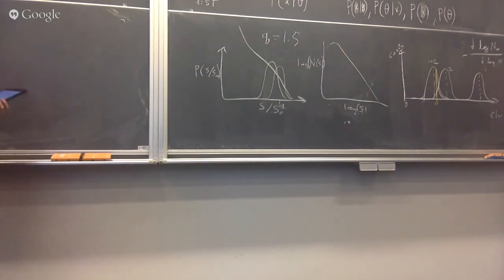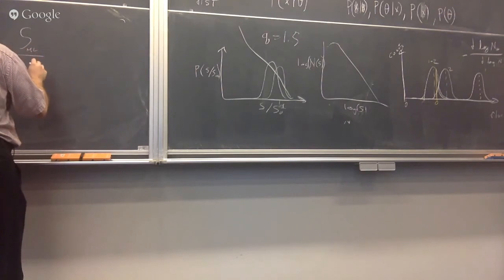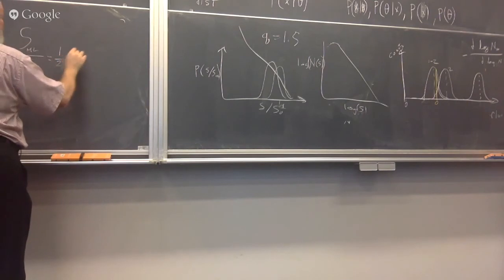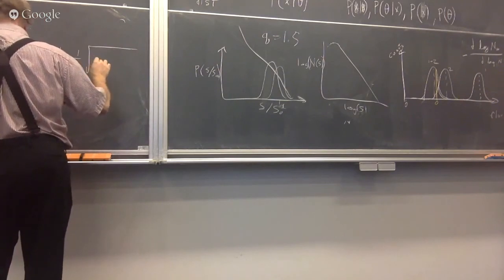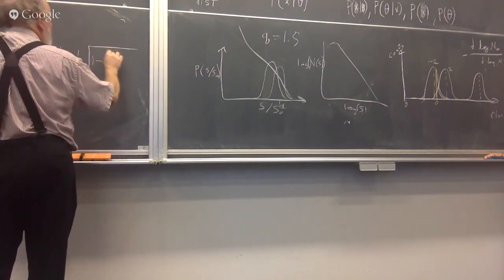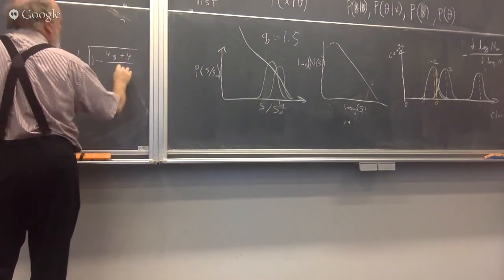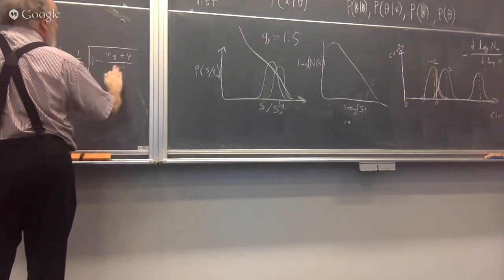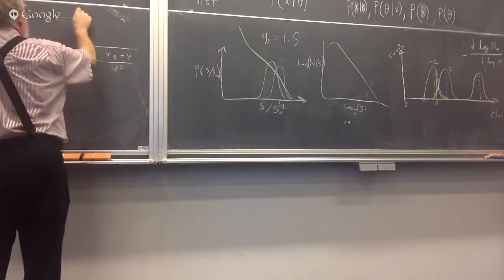But here's a couple of handy little formulas. The maximum likelihood S over S observed is equal to a half plus half times the root of 1 minus 4q plus 4 over r squared, where r squared is the signal to noise. I'll use S and N for other things, so r squared is the signal to noise.